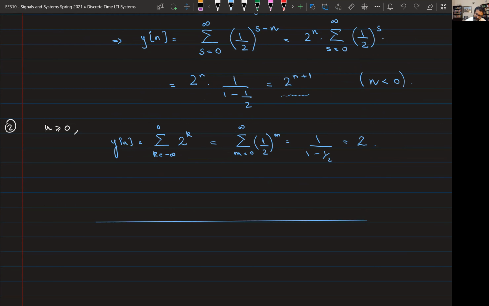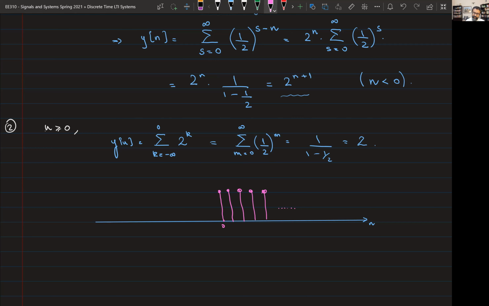If I'm sketching y of n, what would it look like? For all values of n greater than or equal to 0, the signal is always 2. What about values of n less than 0?